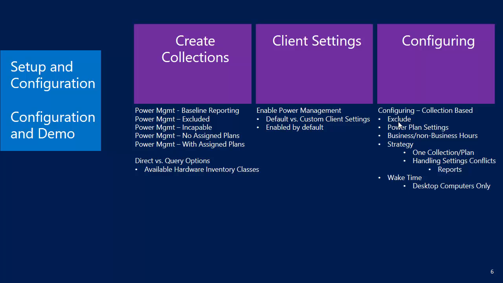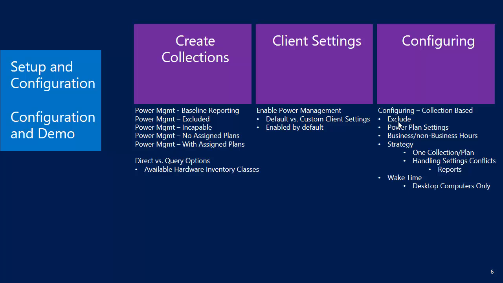So for example, if you do have a conflict in power management settings, so if you have machines in two collections and they're getting two power settings policies, the Config Manager client will process through them and apply the least restrictive option, right? Because again, with power settings, if we have a power setting applied that's less restrictive than another, we want to give that policy to the system instead of locking it down maybe more than we intend.